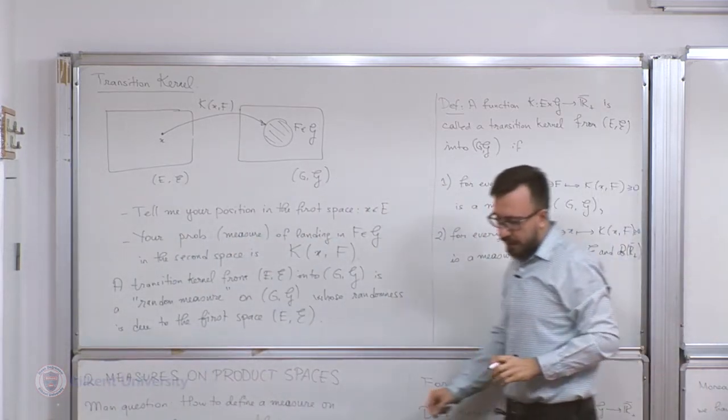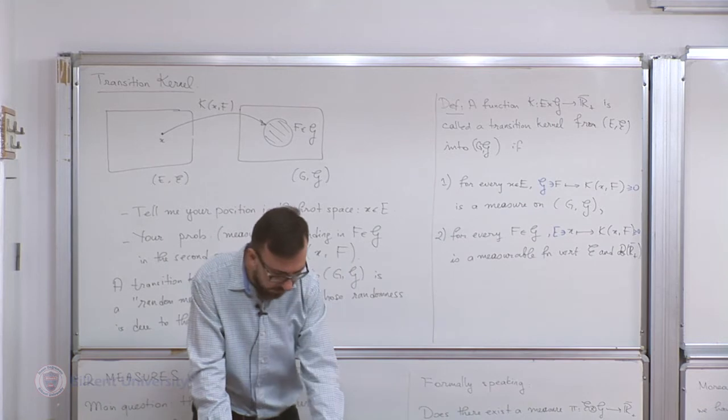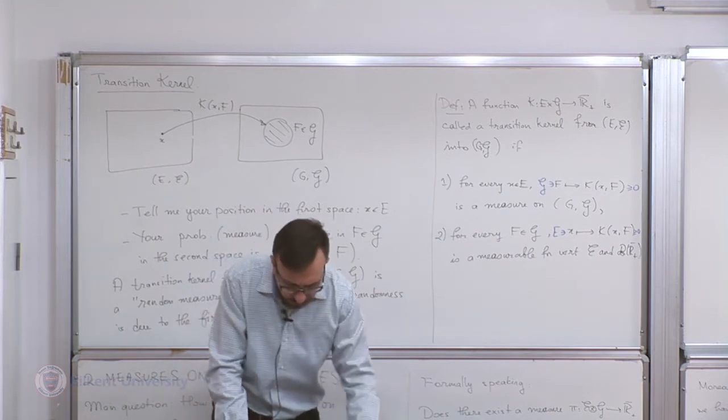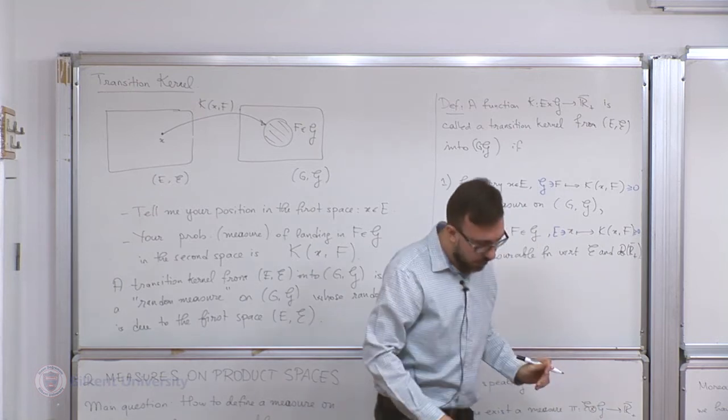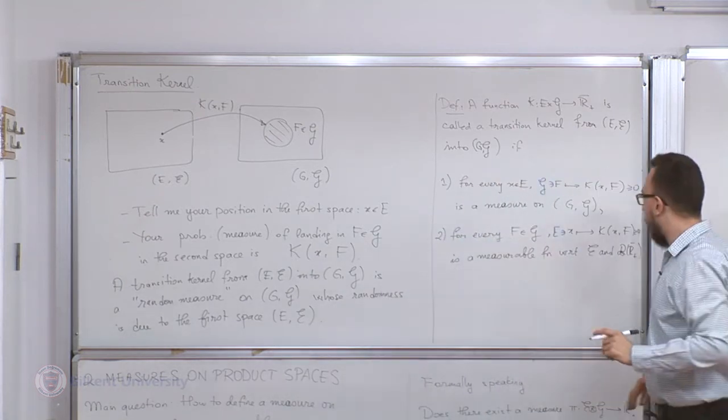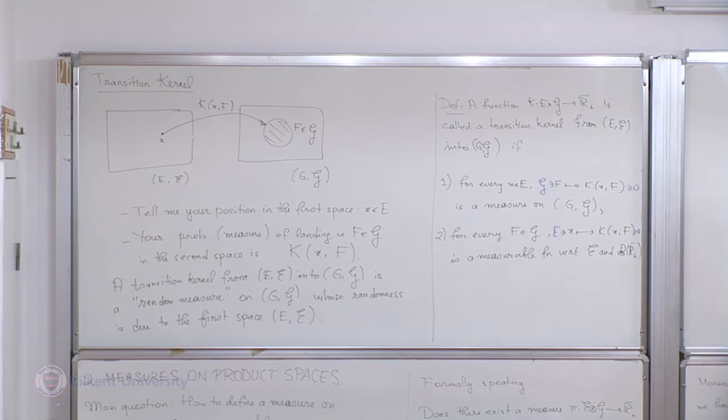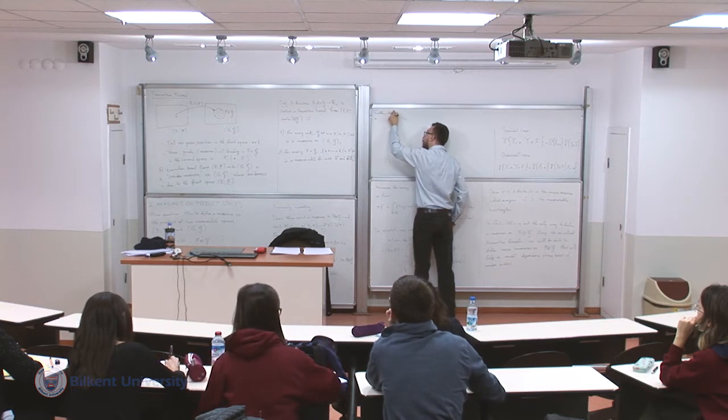A few more definitions. There is some classification of random measures or transition kernels. So let me write them here. Further definitions.